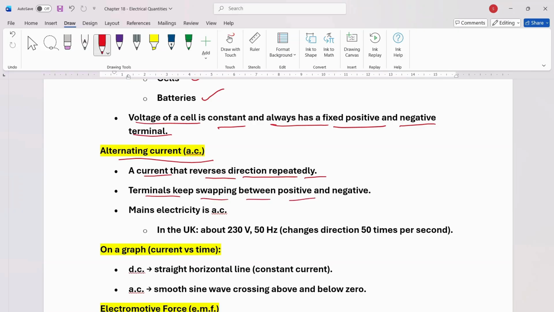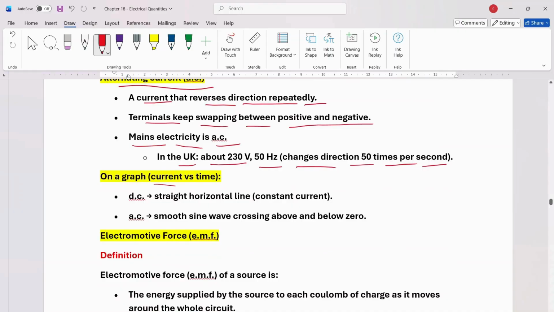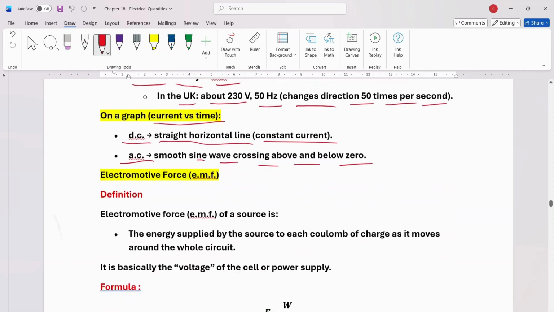Terminals keep swapping between positive and negative. Mains electricity is AC. In the UK, it is about 230 volts, 50 Hz, changing direction 50 times per second. On a graph of current versus time, direct current is a straight horizontal line, constant current. Alternating current is a smooth sine wave crossing above and below zero.